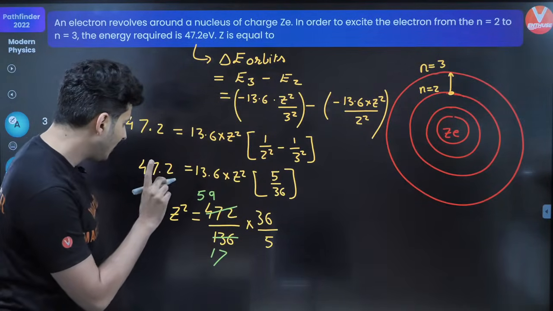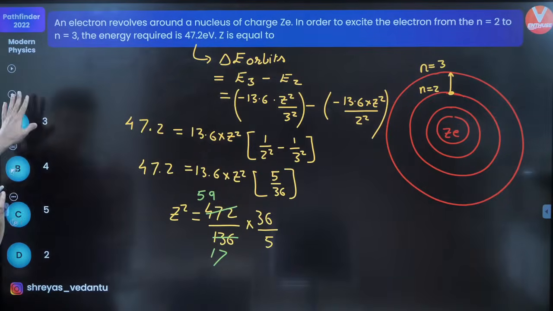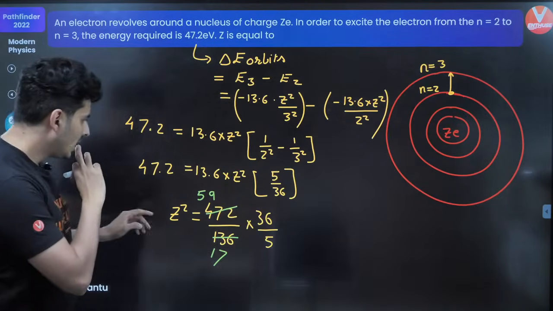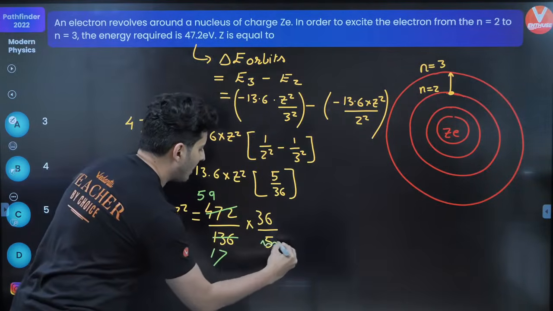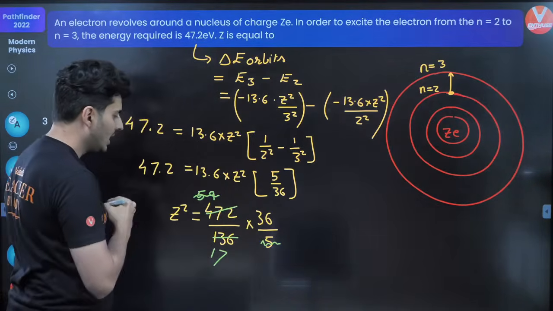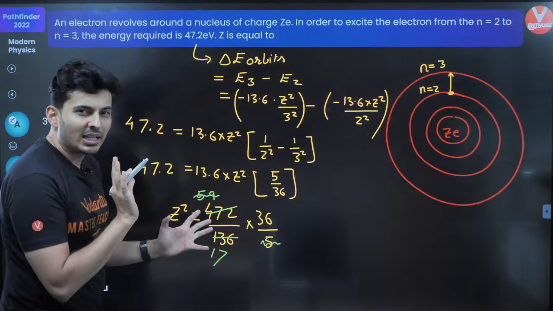And now I can make some approximations because I can see the numbers over here 3, 4, 5, 2. Approximately 5 goes with 59 12 times because 59 is close to 60.